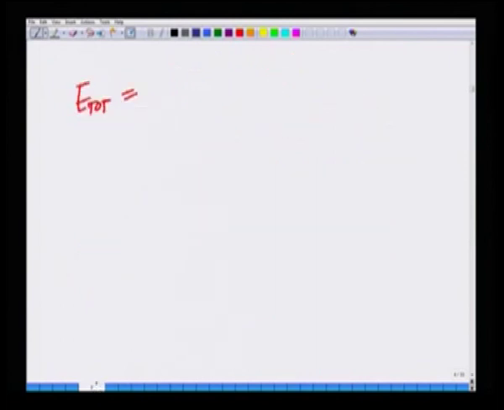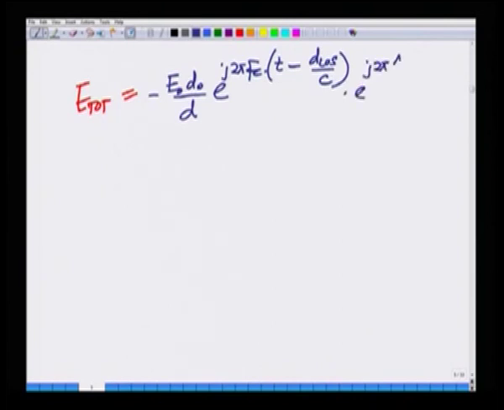Hence, I can write this as E total equals minus E naught d naught by d e to the power of j 2 pi f c t minus d LOS by c into e power j 2 pi delta d divided by 2 lambda into sine 2 pi delta d divided by 2 lambda.